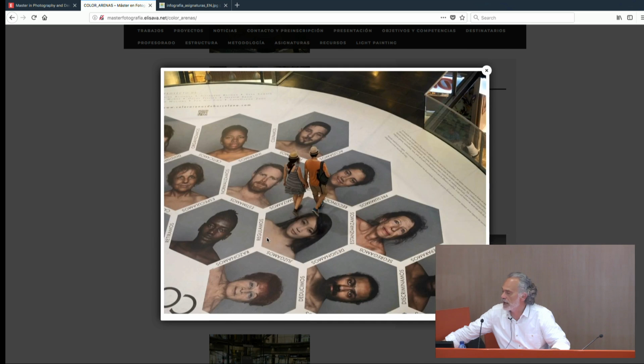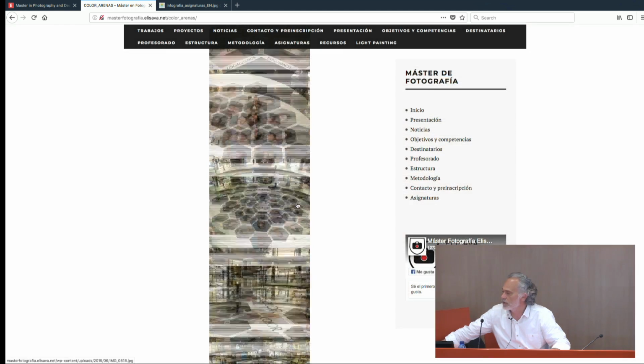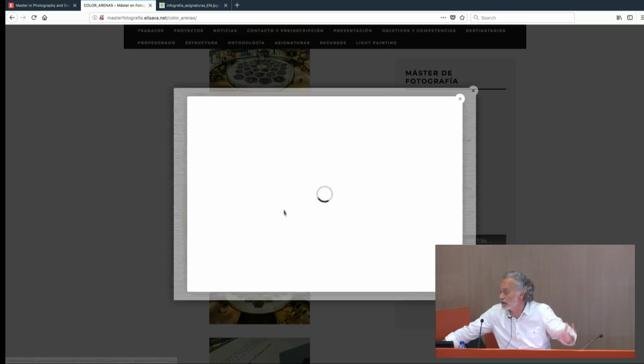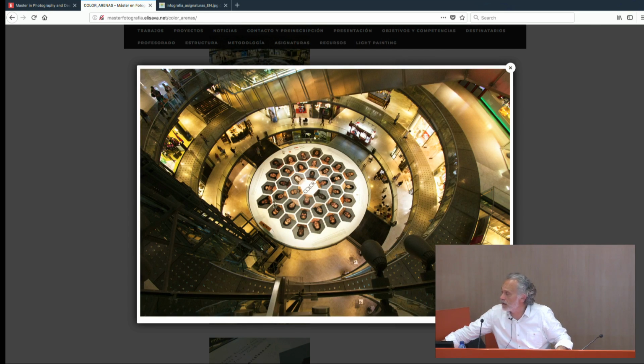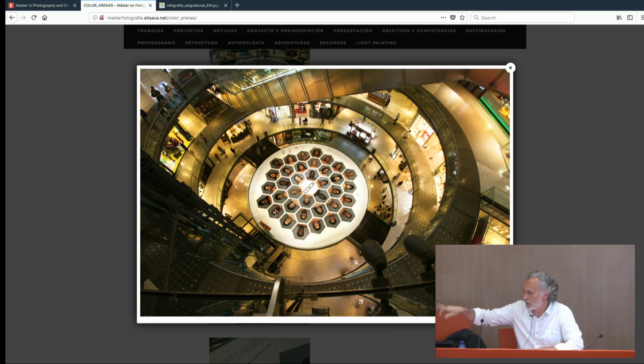As I said, the scale was quite impressive, and also the perspective. This place, well, it is not a square, this round plaza is in the middle of the shopping center. I think it is 3-4 levels.